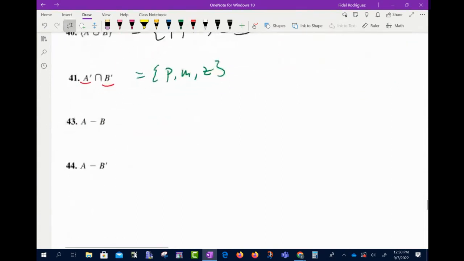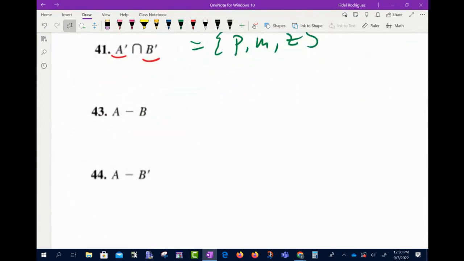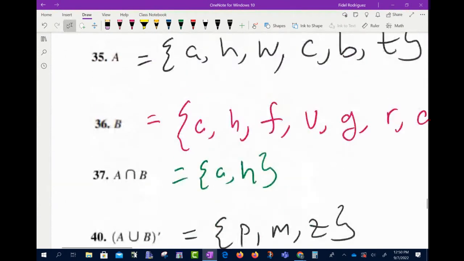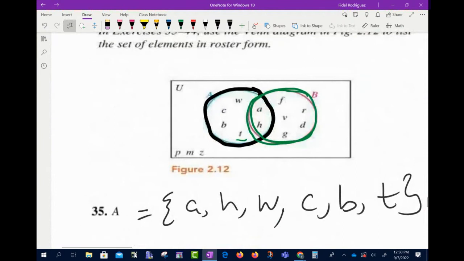Okay, so now let's take a look. We got two more parts here, A minus B and A minus B complement. So I'm going to come back over here, y'all, and I want us to get a visual of what A minus B looks like. A minus B says, I want to pick letters in A, but I don't want the ones that are in B. What letters are in A, but not the ones in B?